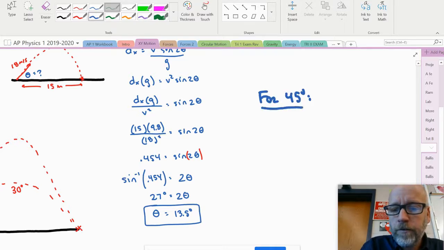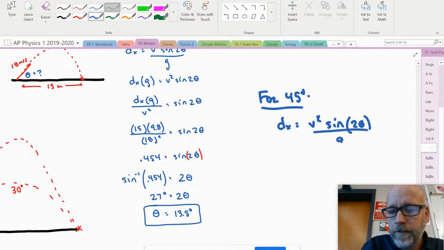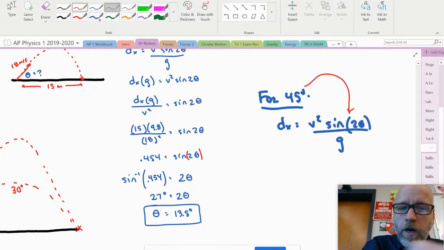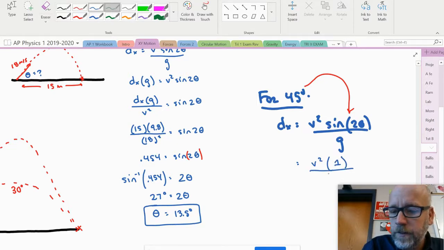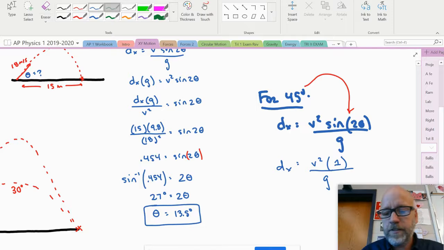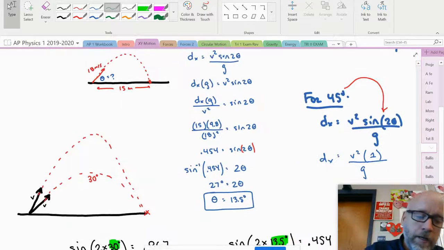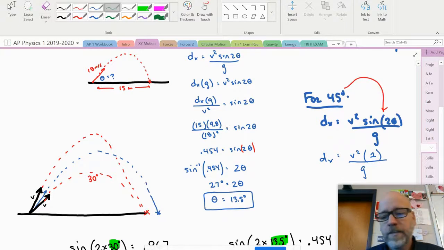For 45 degrees, if I plug that into dx equals v squared sine of twice the angle divided by g, if I go ahead and plug in 45 degrees here, this becomes v squared times 1 over g, which is going to be the greatest value that I can have. Well, so what does that mean? That means that if I fire off something at 45 degrees, in the absence of air resistance, that's the farthest an object can go.